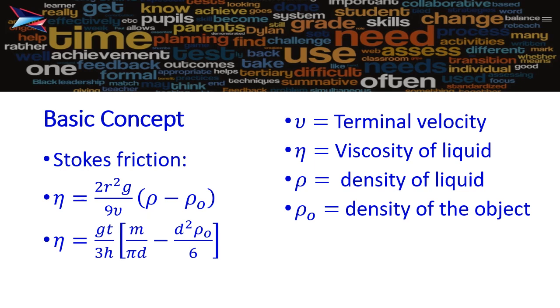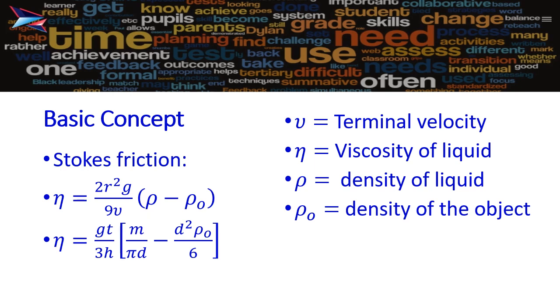It means that the object will go downward without any acceleration. In these conditions, the equilibrium state can be defined using the following equation to determine the parameter eta, which is your viscosity.